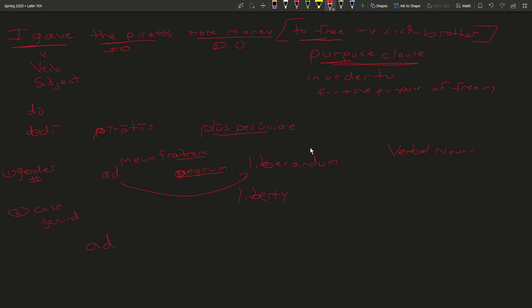So the gerund's case here is accusative singular, and the gender is masculine here, and also it is singular.